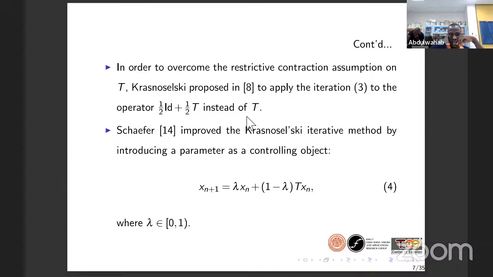Another improvement on the Krasnoselskii iterative method has been credited to Schaefer, who suggested using the convex combination described in equation 4, where the controlling parameter is taken to be fixed from the interval (0, 1).